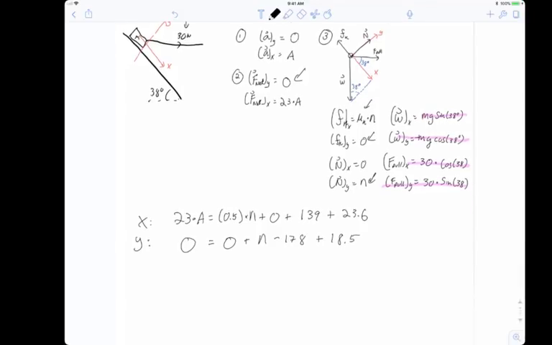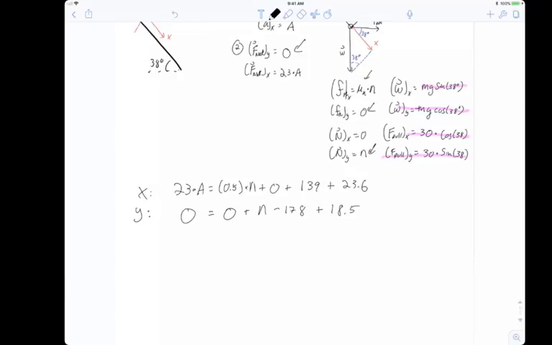Alright, so now I do the calculation and put it all together. N is equal to 178 minus 18.5, 160 newtons, and then the acceleration, plug this in here, acceleration is going to be 160 times 0.5.